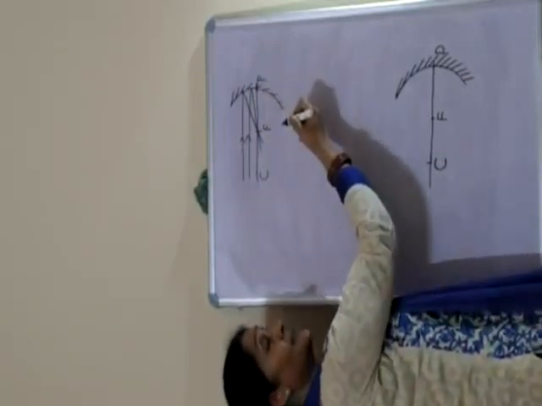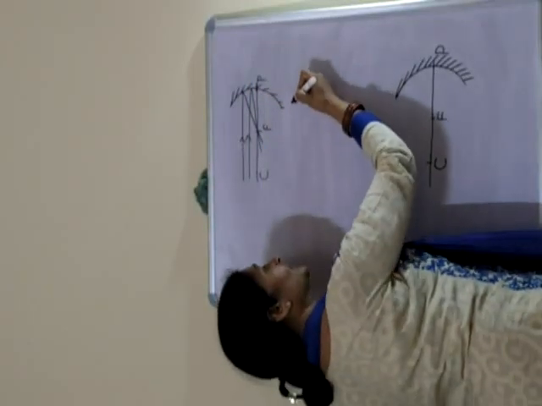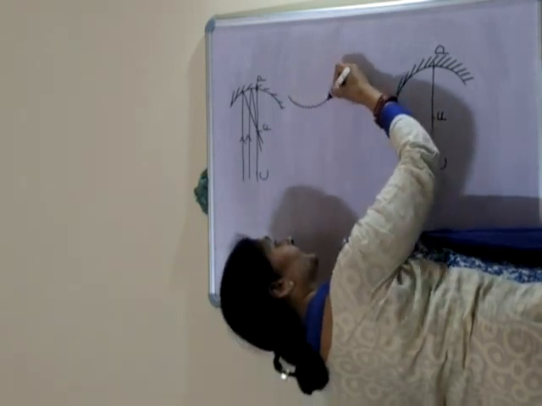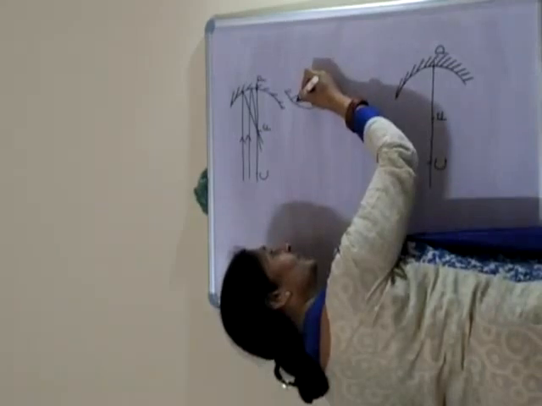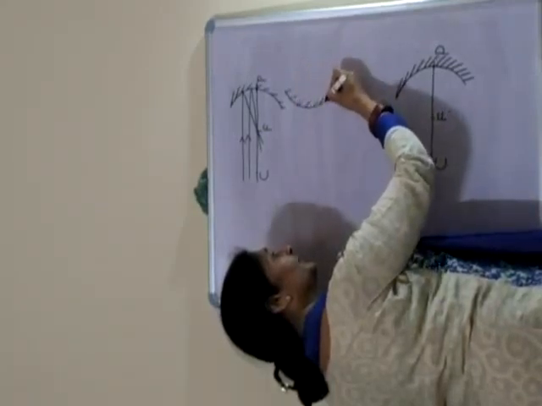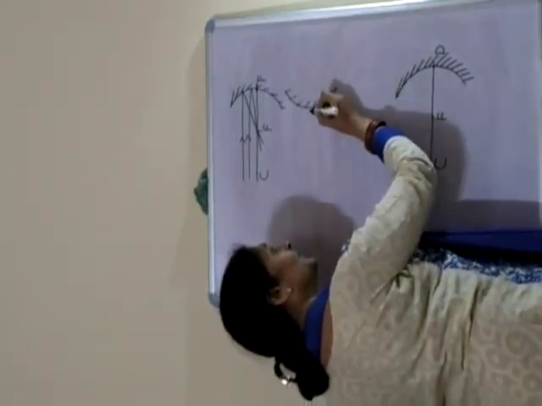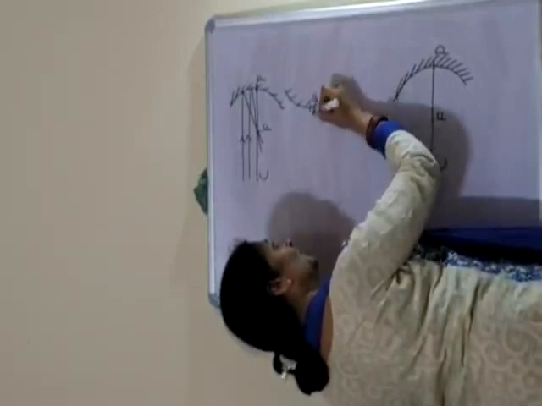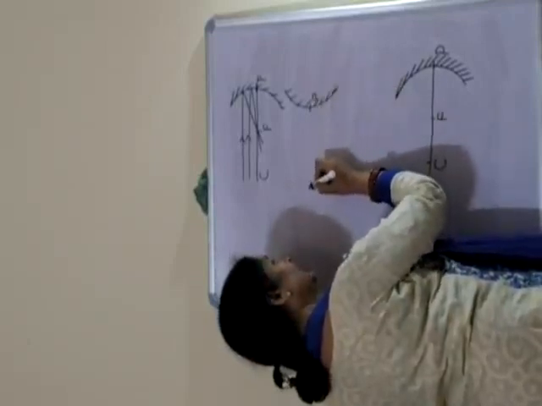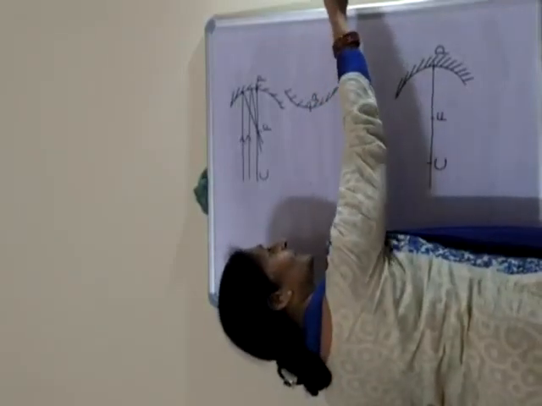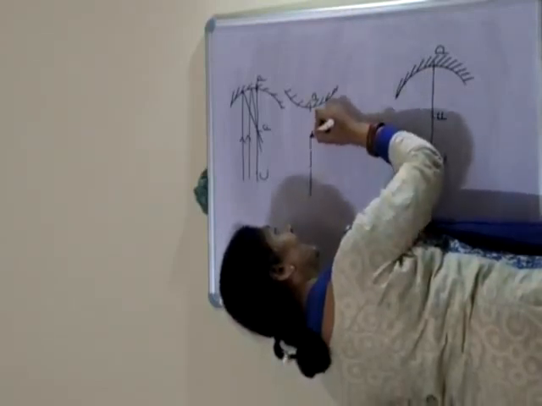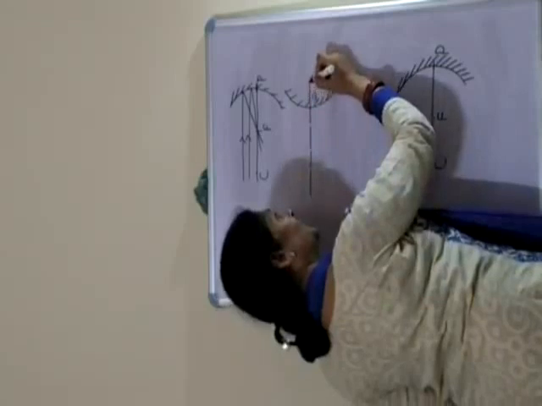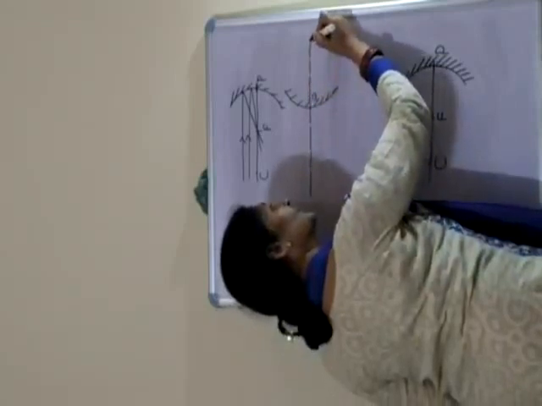Let us see in case of convex mirror. In this case, this surface will be polished and this point is pole, and the center of curvature will be somewhere this side, and therefore this is the principal axis.